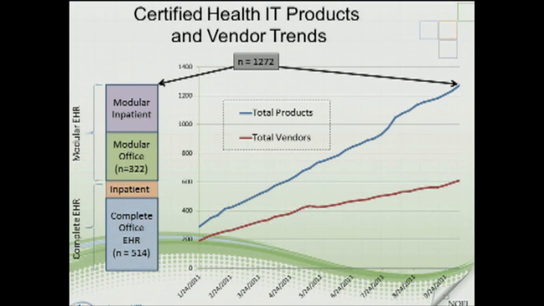But the certification process for health records is a well-defined process, and it's the vendor's responsibility to get certified, but it's the provider's responsibility to make sure that what they use is truly certified. And the criteria for certification are a moving target. They've changed from Stage 1 to Stage 2.